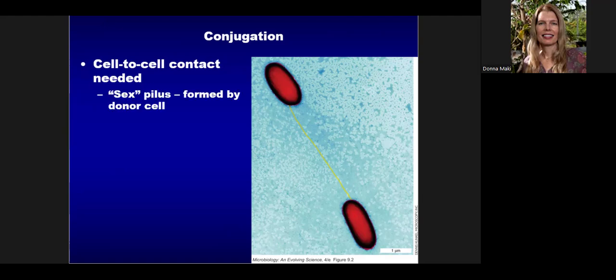They refer to it as a sex pilus. You'll see that in the literature. And the cell that creates it is called the donor cell. So with the help of the pilus, you get transfer of DNA from the donor to the recipient.